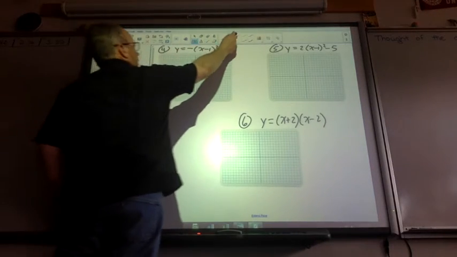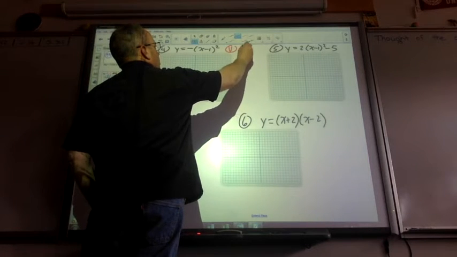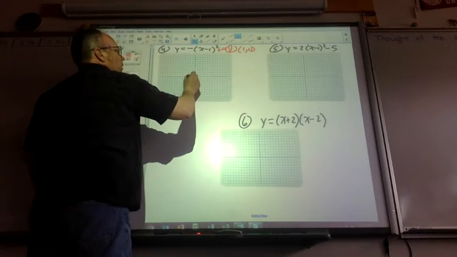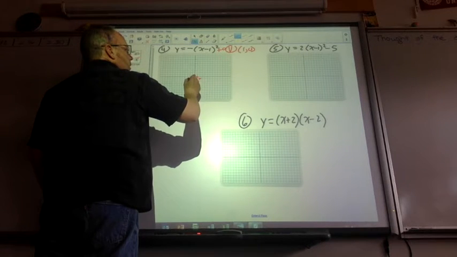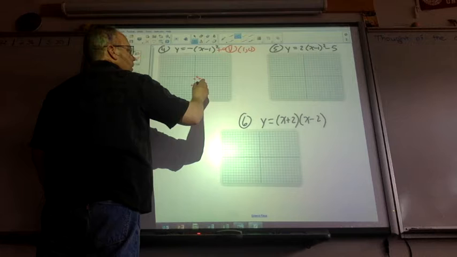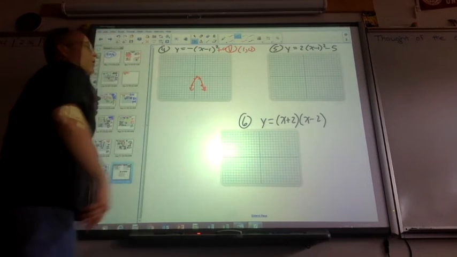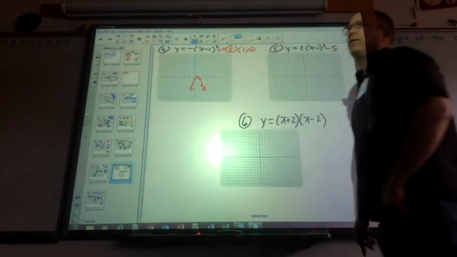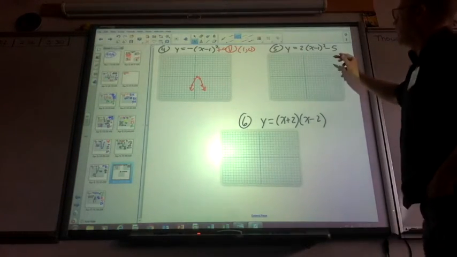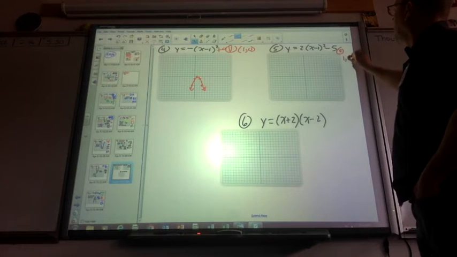So this has a vertex at 1, comma 0. Pattern graphing is all going to go down. The reason I have a pattern graph down is because I have a negative out front. This one has a vertex at 1, comma negative 5.